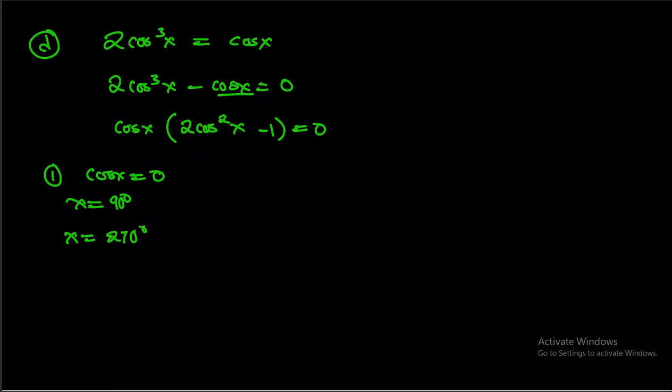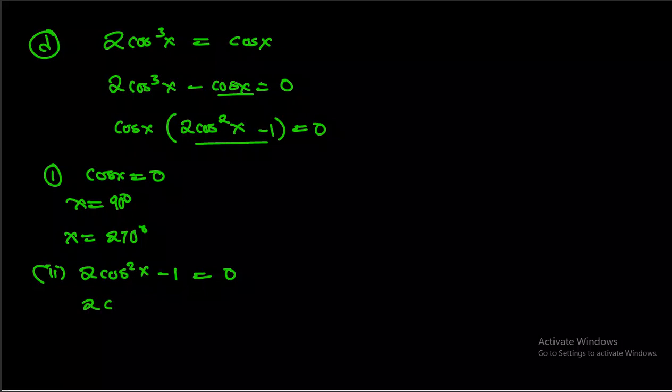Okay, so let's just deal with this other equation, which is equation 2. Equation 2: 2 cos squared x minus 1 is equal to 0. Very simple. So what you can do, you can just take this to the other side.